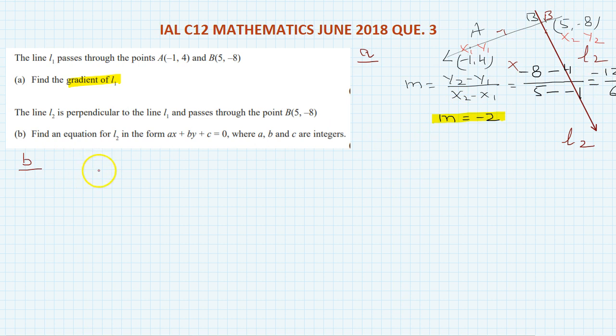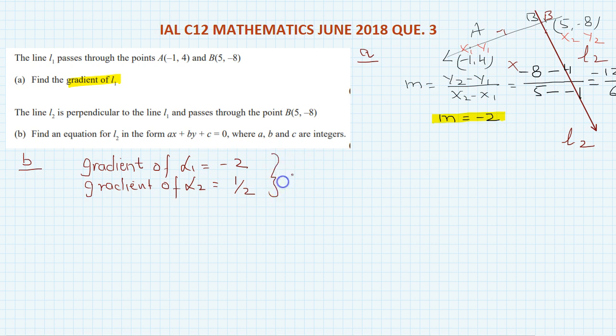So the gradient of L1 is -2. So the gradient of L2 is equal to half.